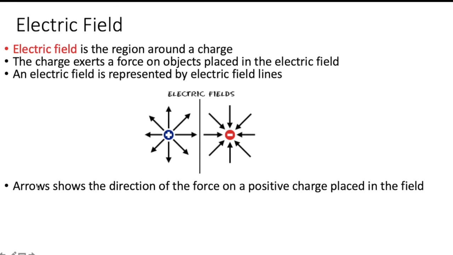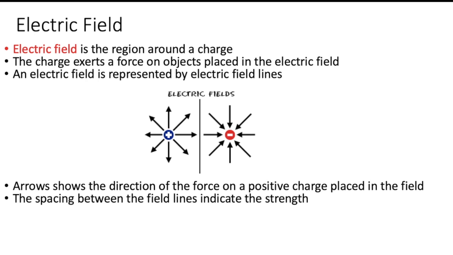Now read this again: arrows show the direction of the force on a positive charge placed in the field. If a positive charge is placed in this field, it will be pushed away. So that's why we have an outward arrow around positive charges. And if a positive charge is placed here, the negative charge will pull it towards itself. That's why we have an inward arrow around negative charges. So the arrows show the direction of the force on a positive charge placed in the field.